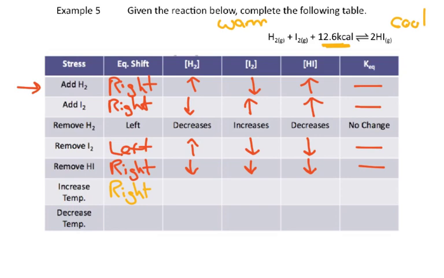By shifting to the right, the substances on the left, concentrations will decrease, H2 and I2. Concentration of HI, being that it is on the right, will increase. And since this is a temperature change, KEQ will actually change. It will increase since we are shifting to the right.